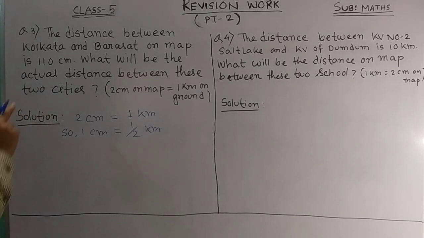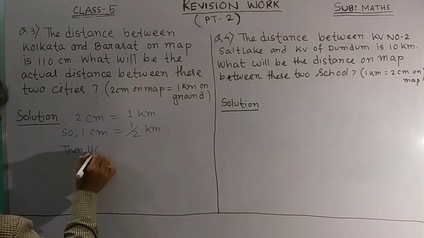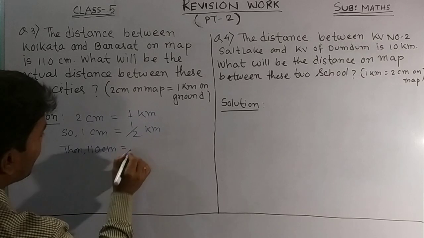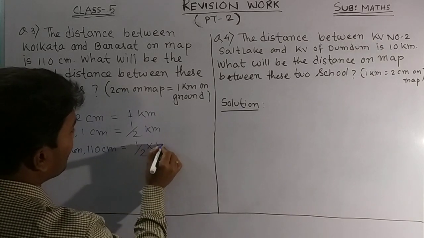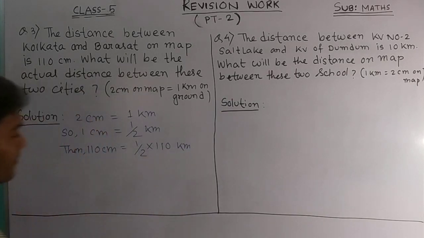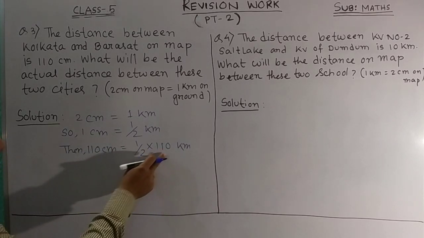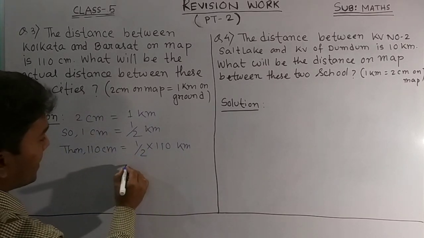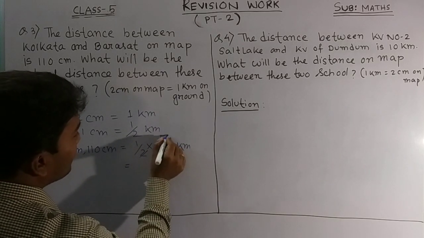Yes, but our question is 110. Then 110 centimeters equals, there is half given, so we have to multiply 110 by half. Then it is under 2, so we have to divide it. We can cut it. It will become 55.